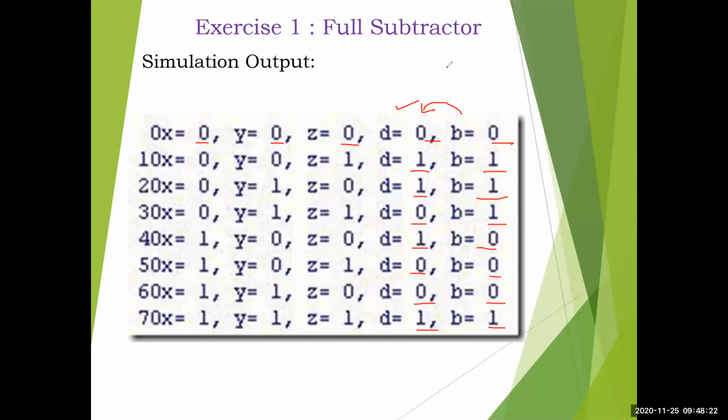But in real time, in real circuits we are not going to design a full subtractor. Why? Because there is no functionality like a subtractor in digital circuits, because the negative numbers we are writing in one's complement form. That means the subtraction also we will do using addition. That's what you have learned in module 3 in basic electronics, right? Subtraction using addition.